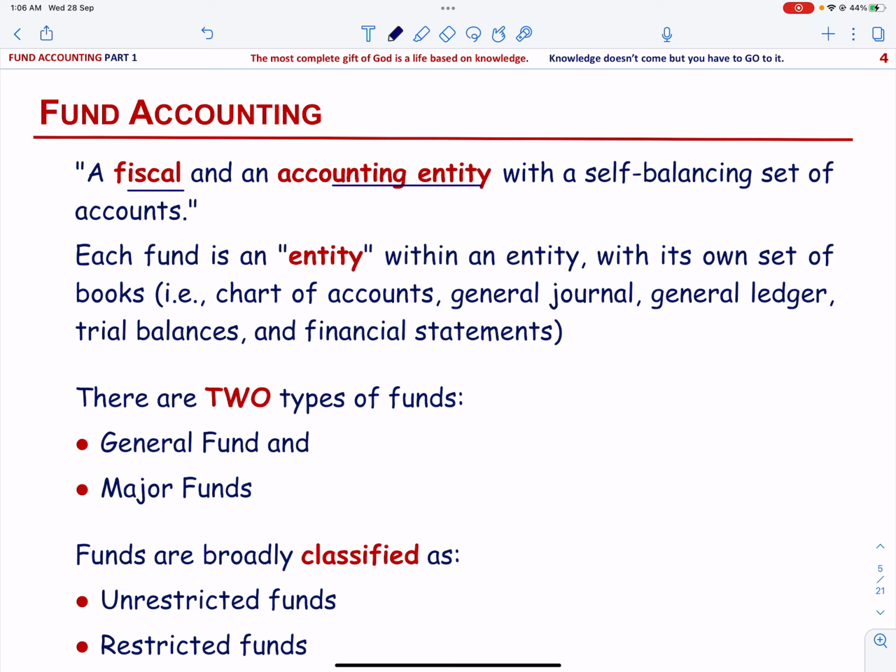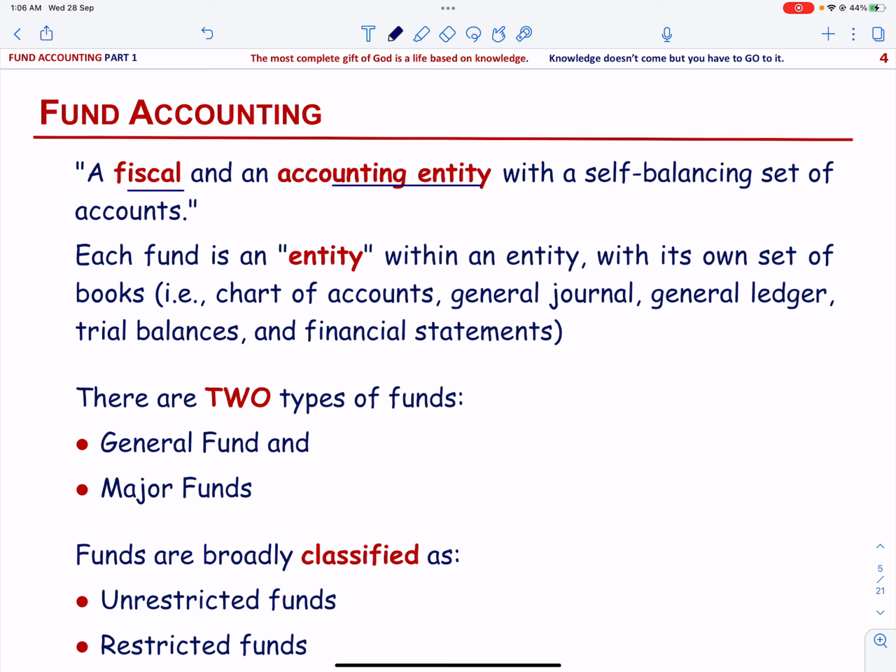So if the government is building a school, then there must be a capital project fund for the school. The government will raise taxes to fund this project, and all the revenue generated and expenses incurred in building this school will be recorded in the capital project fund.